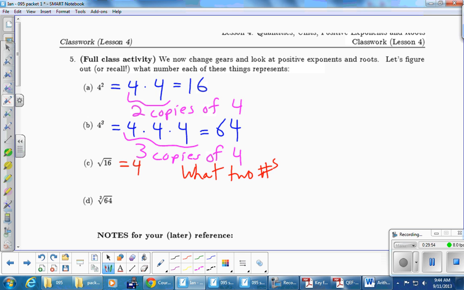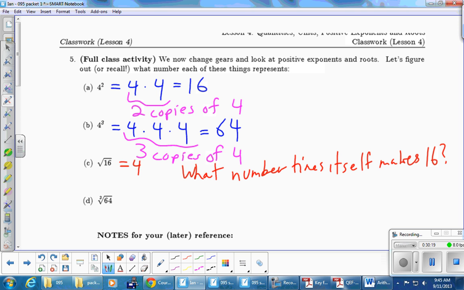I'm glad you added that. How about what number times itself makes 16? Some number times itself is going to give you 16, and that number is 4. 4 times 4 is 16.